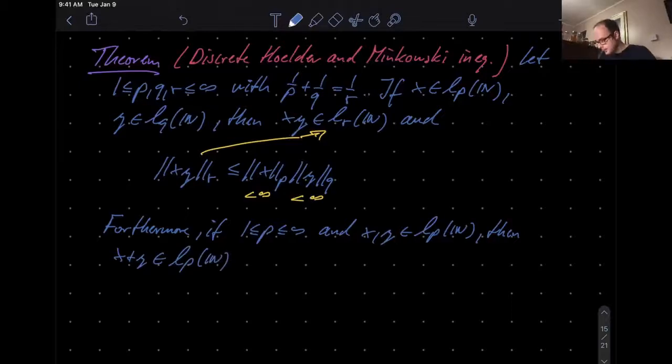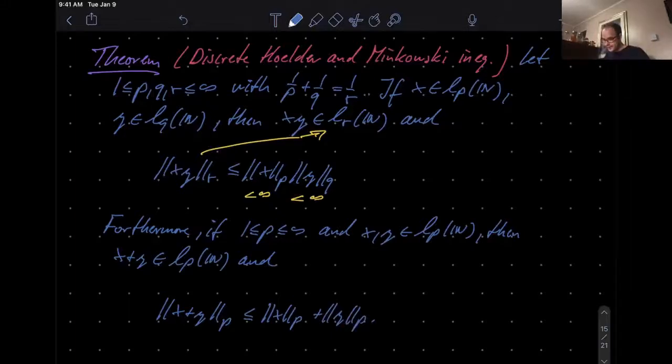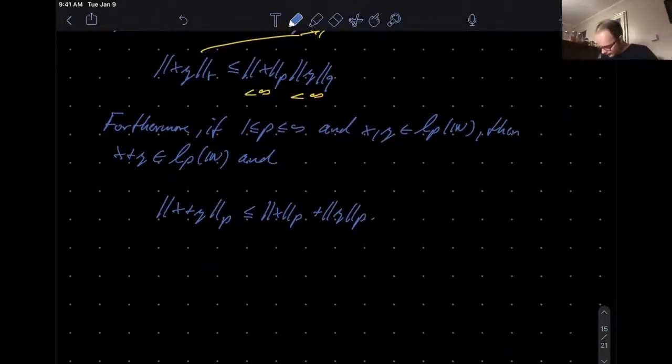That's easy to see. The sum is very easy, much easier than the product. And we have the Minkowski inequality: the p norm of x plus y is less than or equal to the p norm of x plus the p norm of y. Okay, that's the statement. As far as the proof is concerned, I actually won't prove it because it's exactly the same as in the previous world with C[0,1].